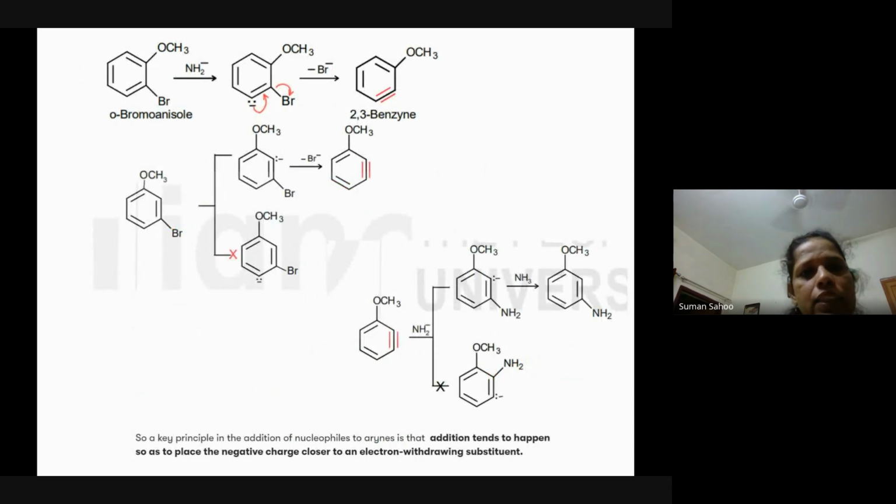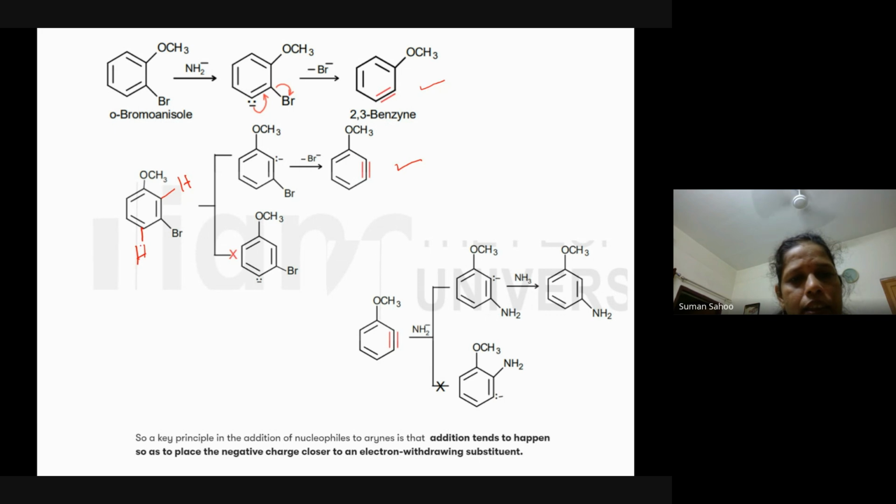Suppose in this case we have orthobromoanisole. First this forms the 2,3 benzyne, and we can have only this product. But when we have a meta substituted compound, you have a hydrogen here and a hydrogen here.